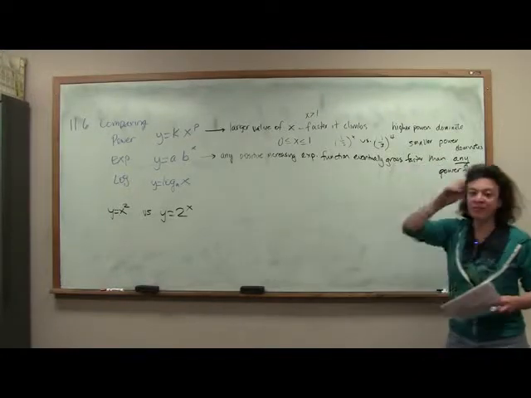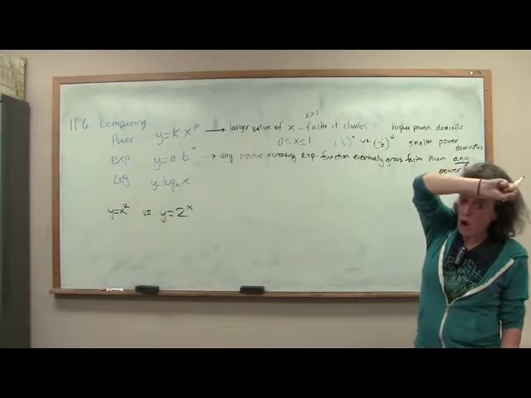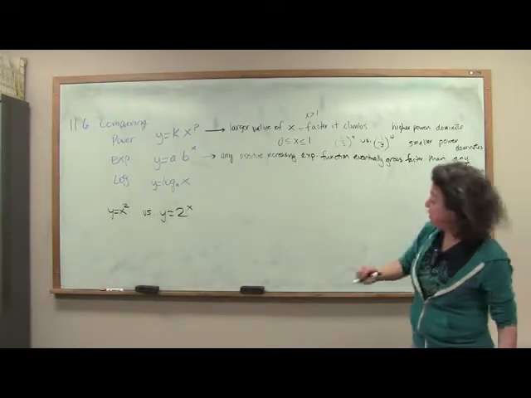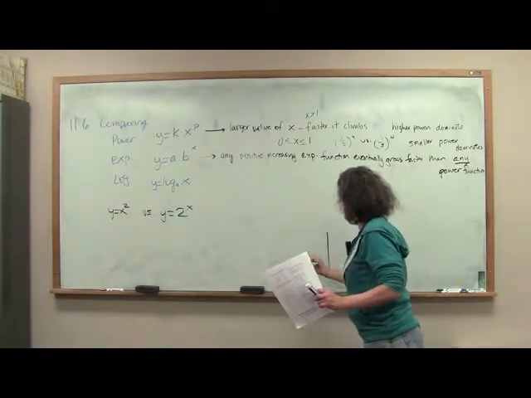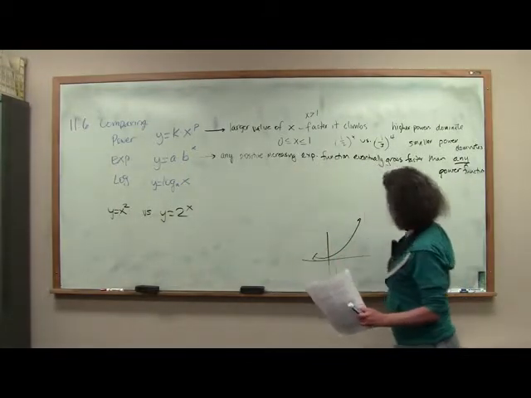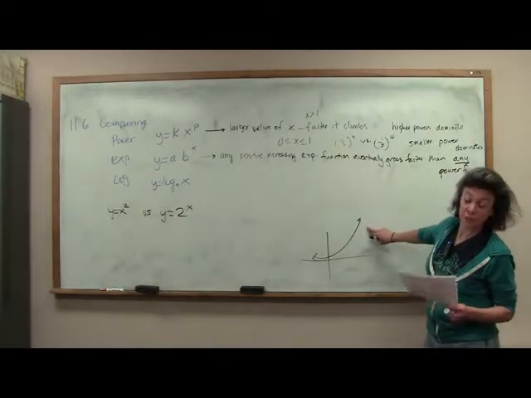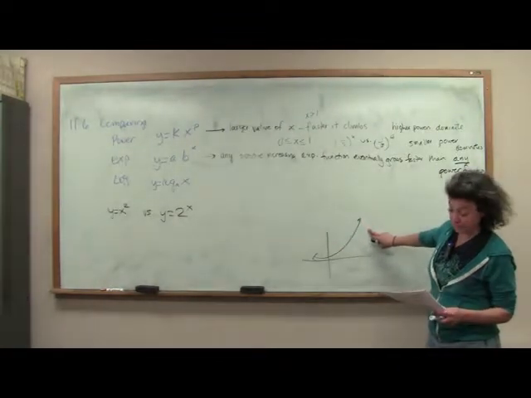So while power functions might initially grow very quickly, ultimately, as long as you have an increasing exponential function, as your x values get large enough, the exponential function will grow much faster.